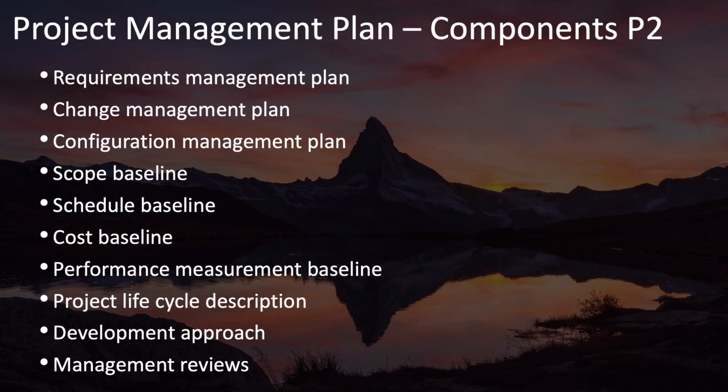Then you have 3 more items: the project lifecycle description, the development approach, and the management reviews, which is a schedule of when the project management plan and project will be reviewed periodically during the life cycle of the project.